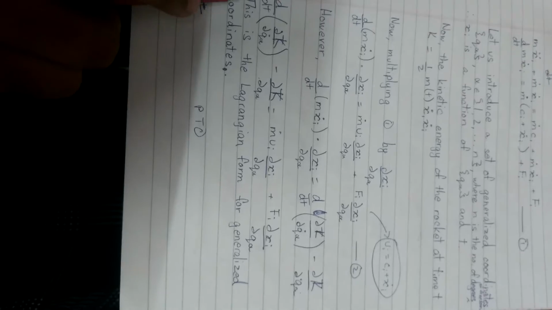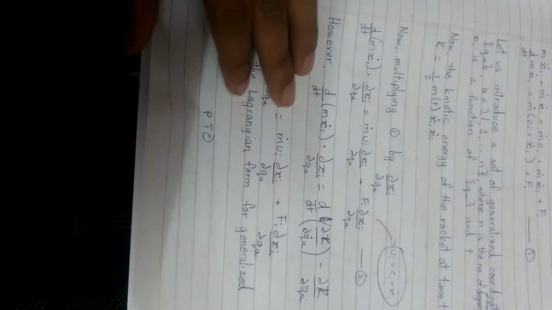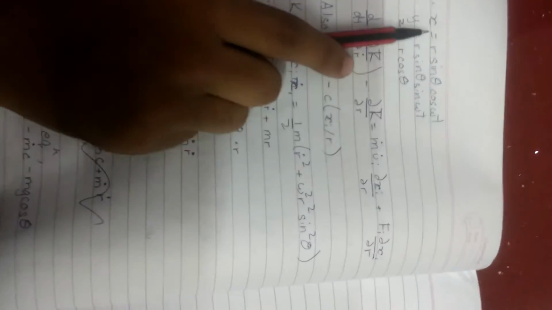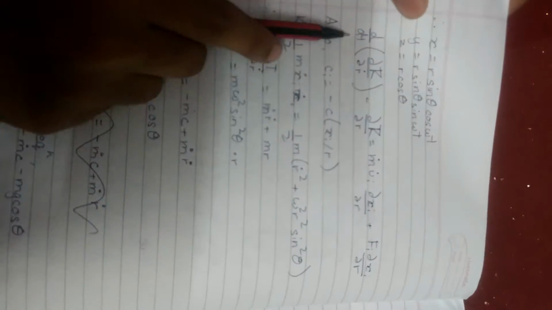Now, the kinetic energy of the rocket at time t is equal to this, and when we multiply by dou xi by dou q alpha, where q alpha is one of the degrees, we end up getting this, which eventually simplifies to this, and this is the Lagrangian form for the generalized coordinates.